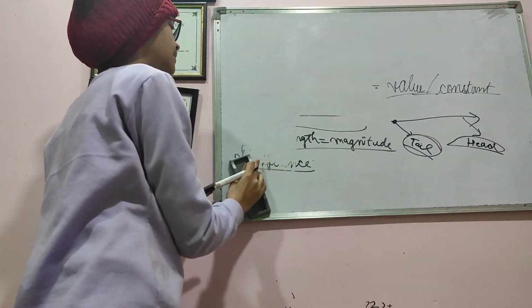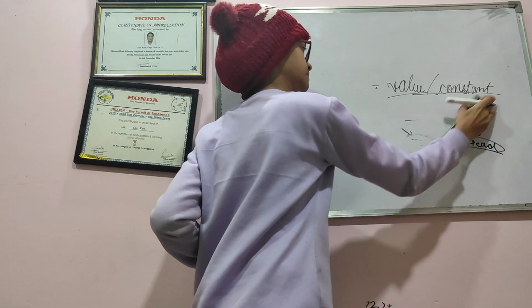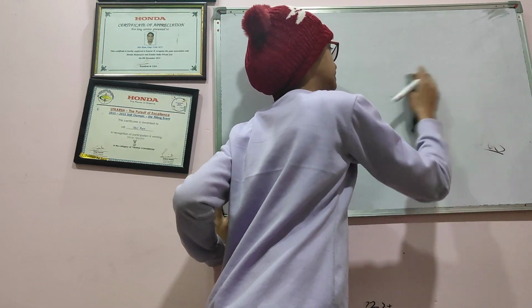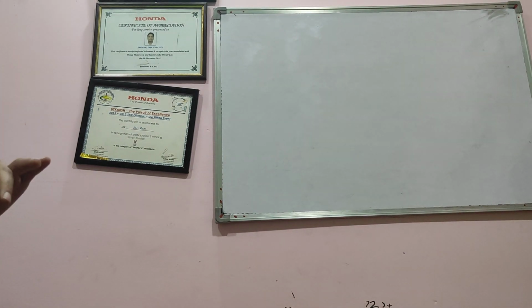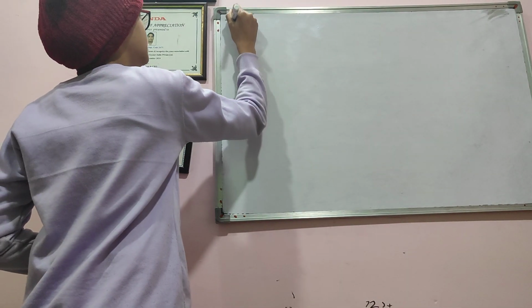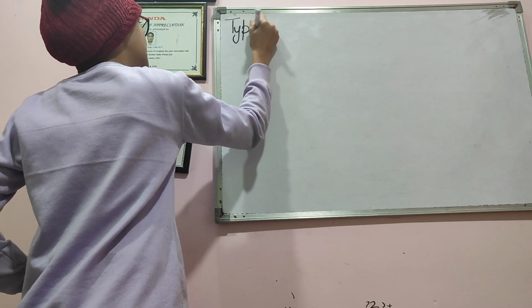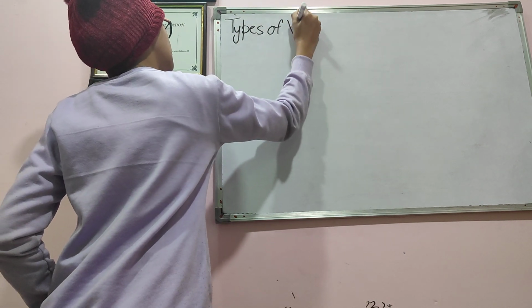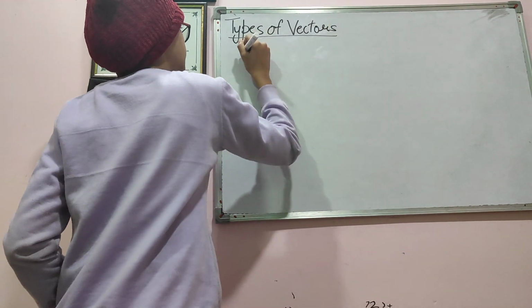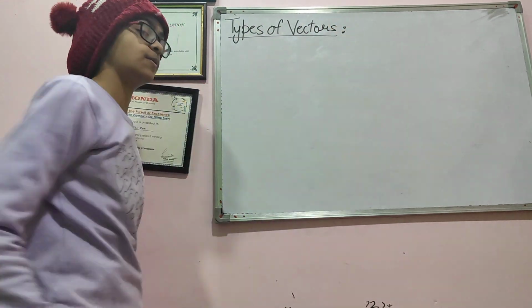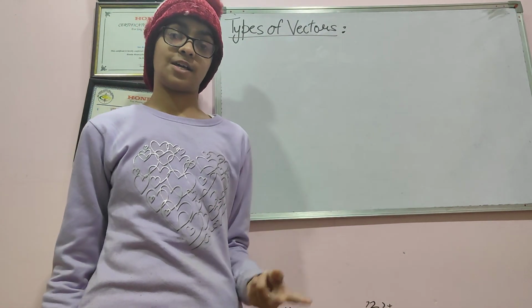Now let's learn types of vectors. Now this is going to be a long topic. Types of vectors. We have lots of types of vectors. We'll do them pairwise.